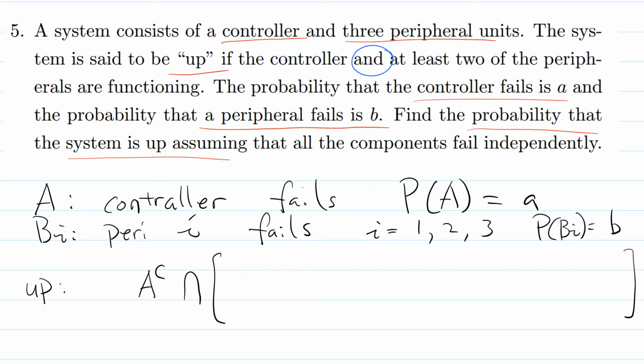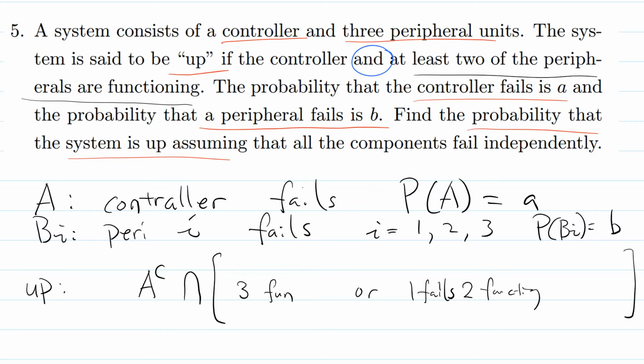The peripherals can have two kinds of situations. At least two peripherals functioning means all three functioning, or one fails and the other two are functioning.